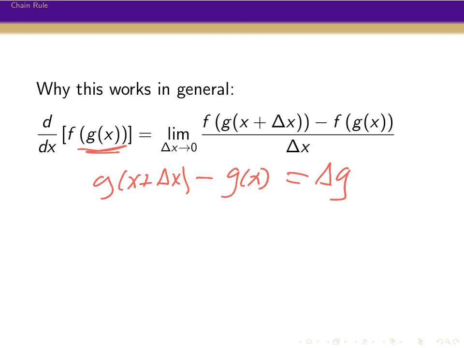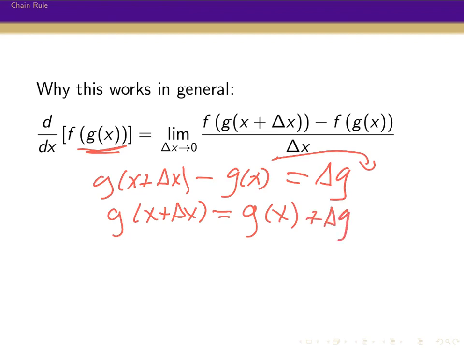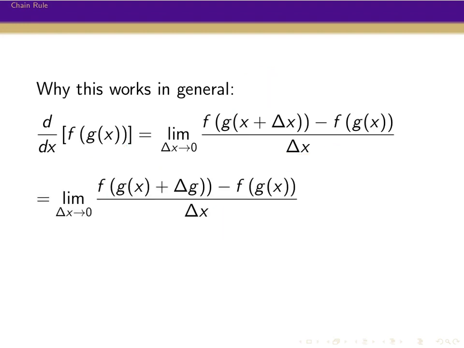So if we start off at this point and solve for the g of x plus delta x, if we move the g of x over to the other side, we can think about g of x plus delta x being equal to g of x plus delta g. And so that's really how we're going to think about this part right here. We're going to think about this as being g of x plus delta g. There we've written it in right here.